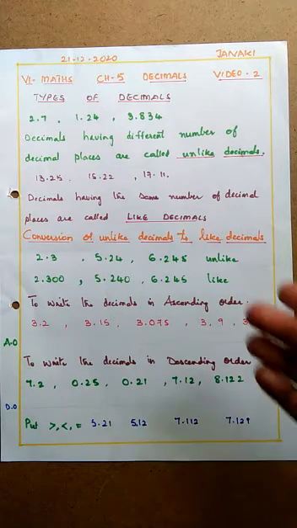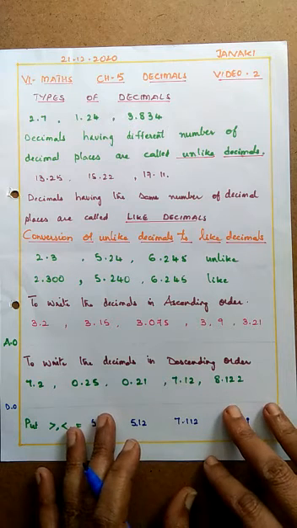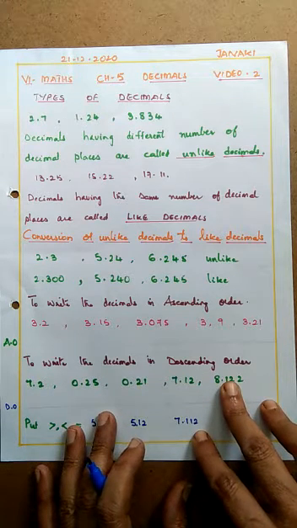Now, how are they useful to us? Let us see. Write the decimals in ascending order. We needn't write them as like decimals, but we compare the digit in the first decimal place, that is the 10th place. To write in ascending order, first we have to see which is the smallest one.